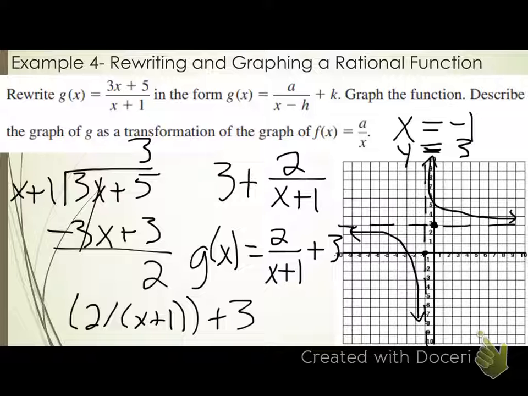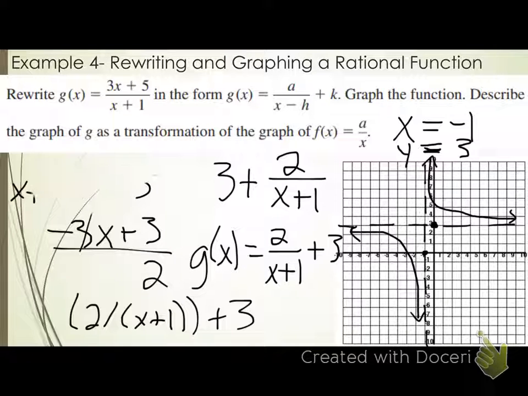And we can get our translations from these numbers right here. So did I go left one or right one? Left one, remember. We do the opposite of what it says if it's inside grouping symbols, inside the fraction in this case. Did I go up 3 or left 3? Up 3. If it's outside the grouping symbols, I do what the sign says.